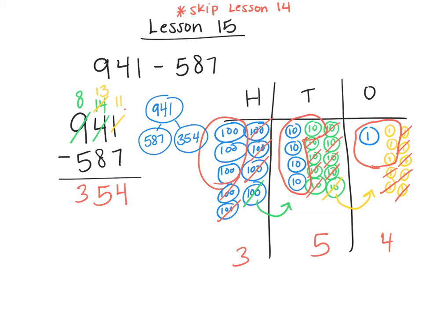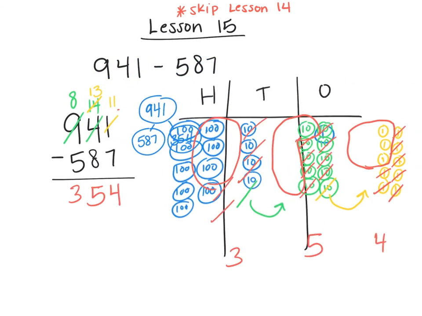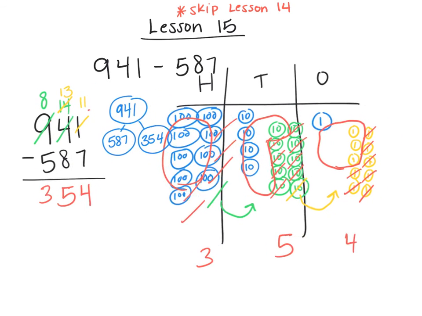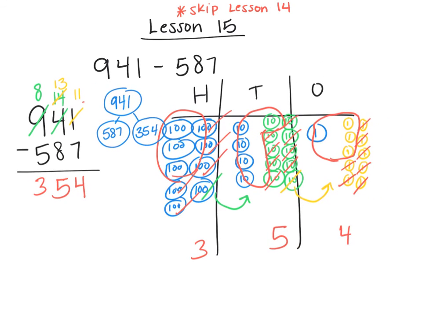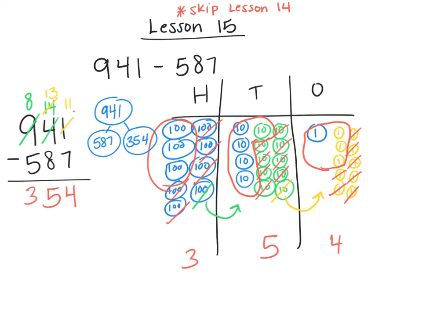So we are going to add these two numbers together to see if we're correct, if it does equal 941. Okay, so let's check. So we're going to do a quick vertical form, and I'm going to do this one with purple so that way we can see it.